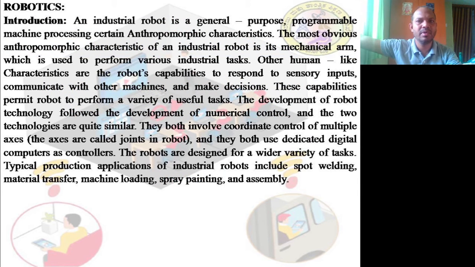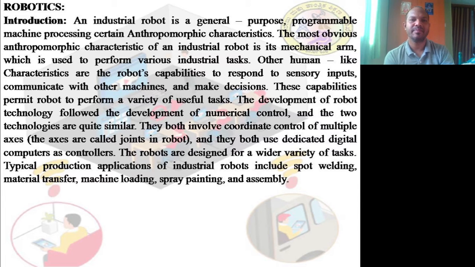Basically, a robot is one of the advanced machines which has been introduced by humankind, which does the work of all the machine tools, and it can also be called one of the intelligent machinery that has been invented by humankind.